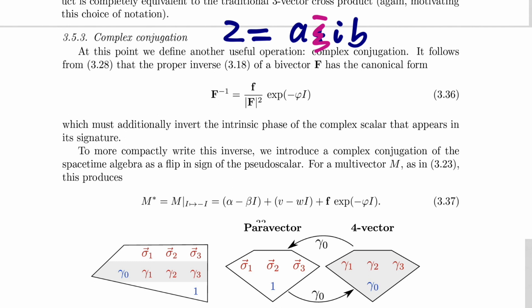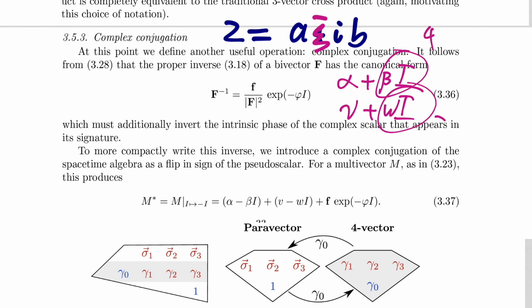Now in our algebra, the complex quantities we deal with are complex scalars, alpha plus beta I, where alpha and beta are real, and complex vectors, v plus wi, where v and w are vectors. So beta I is the pseudoscalar, and wi is the pseudovector. This is a grade 4 object, and this is a grade 3 object. So now we're going to start generalizing this notion of complex conjugation to those circumstances.